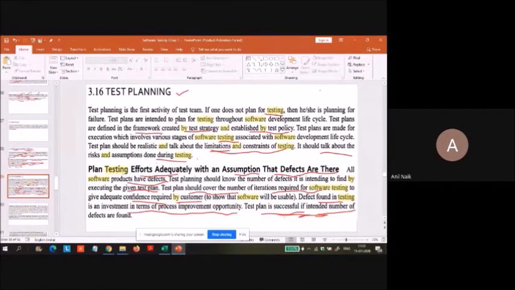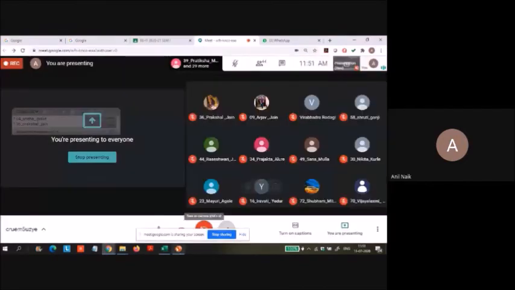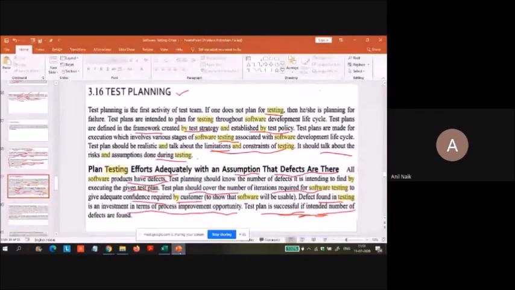So plan testing efforts adequately with the assumption that defects are there in the software. You should find the defects in the software. Otherwise, the test plan is not successful. When can we call the test plan successful? If the intended number of defects are found.